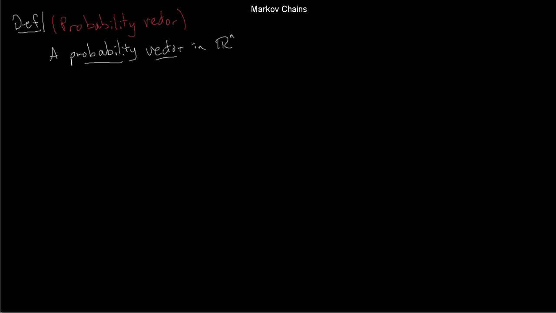So let's make a definition. I need to define probability vector. So a probability vector is a vector in R^n, where n is some number that's at least 1. Let's call that vector v1 through vn.